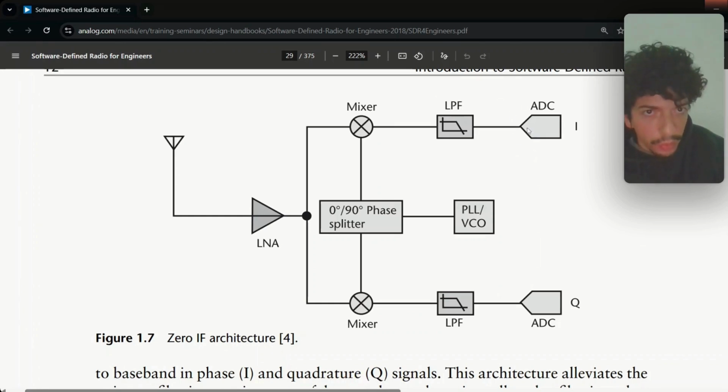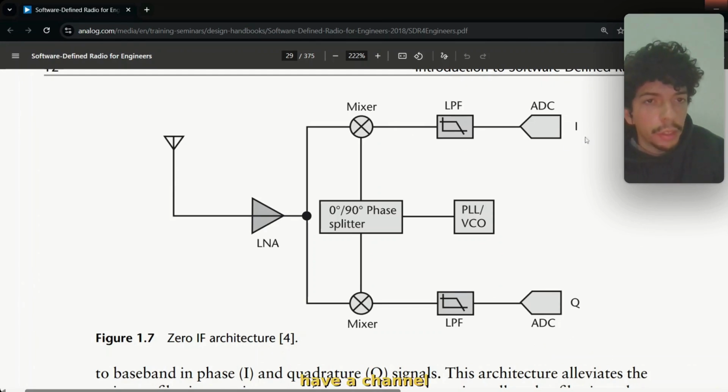In the end we have an analog to digital converter in these two.